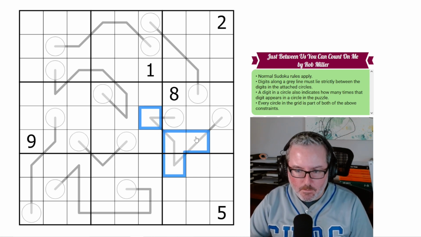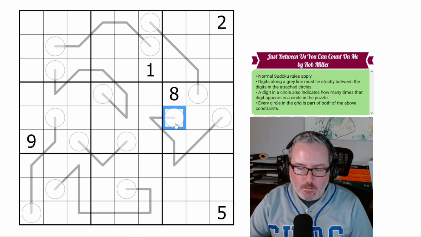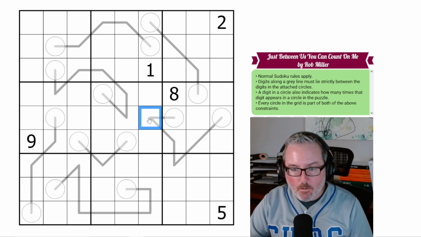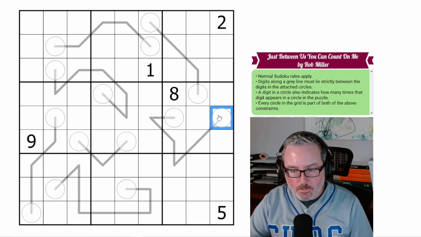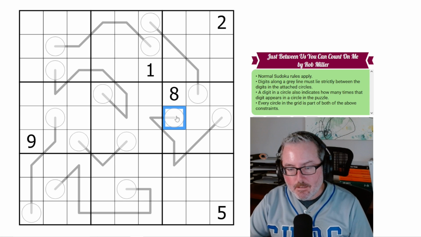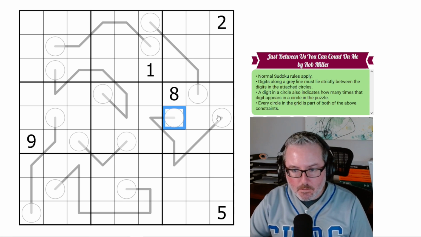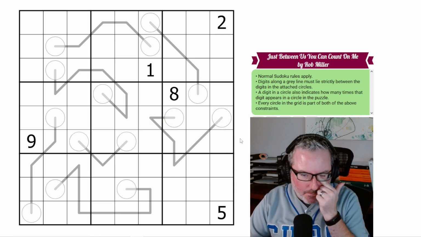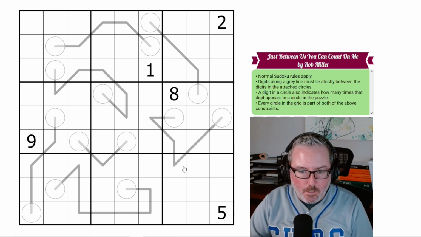So on the previous example, none of these could be 1s or 9s. Because if you put a 1 or a 9 in any of these spots, the digit in the circle would either have to go down to 0 to allow a 1 to be between it and whatever the other one is, or it would have to be a 10 to allow the 9 to be in between this one and whatever this is. So therefore, those do not work.